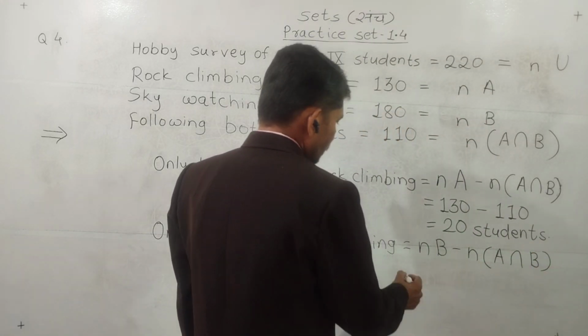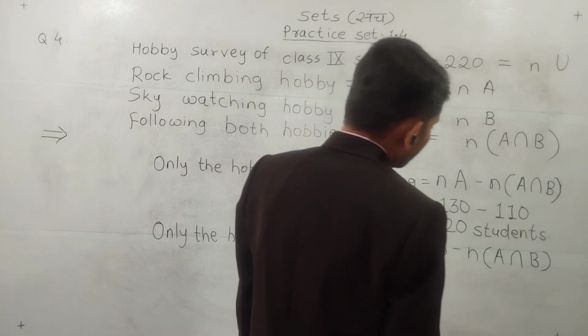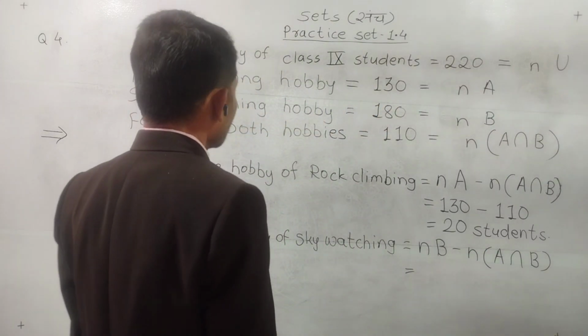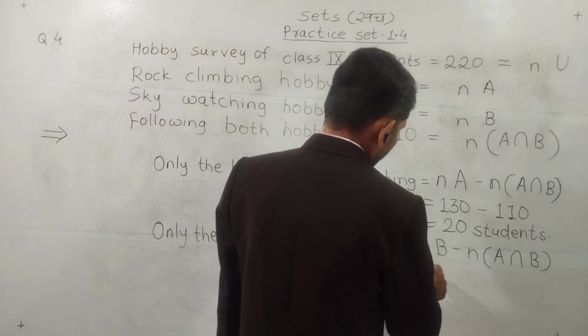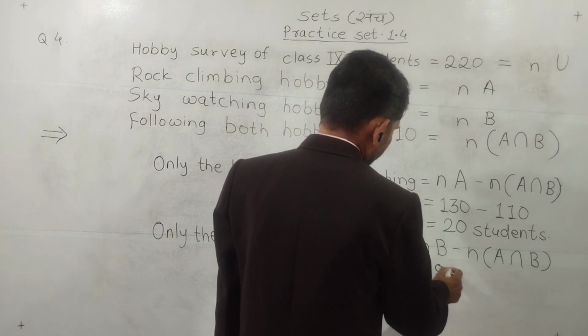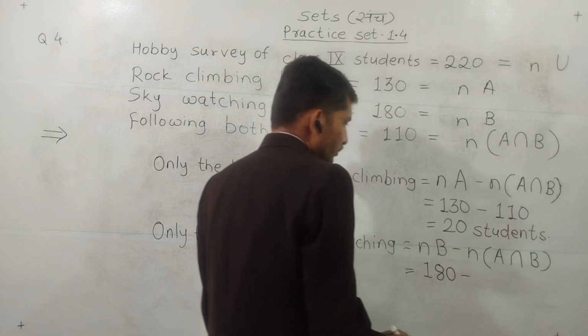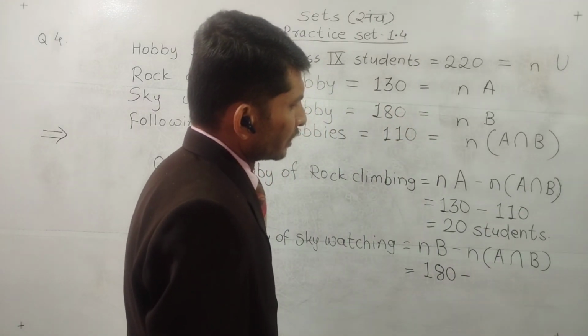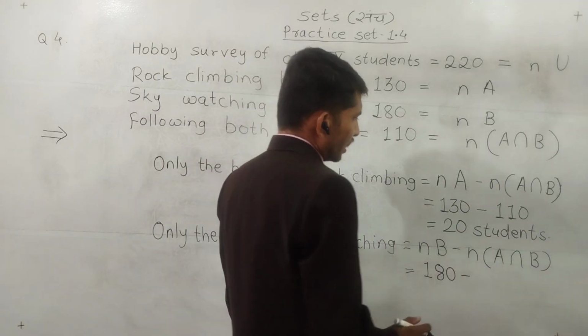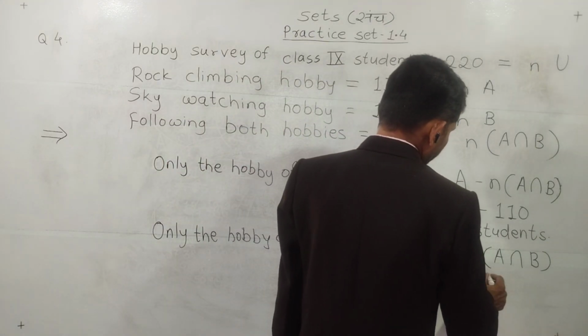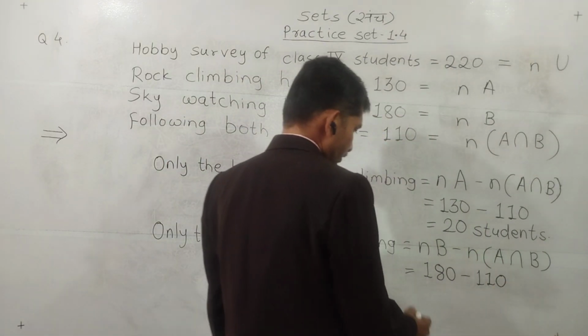Now, tell me how many students having the sky watching hobby? 180 students. Okay, 180 students minus the students who are having both of the hobbies are 110 students. Okay, 110 students.